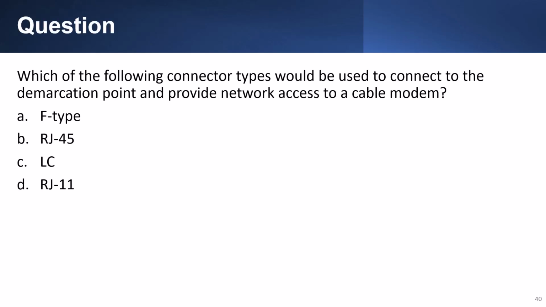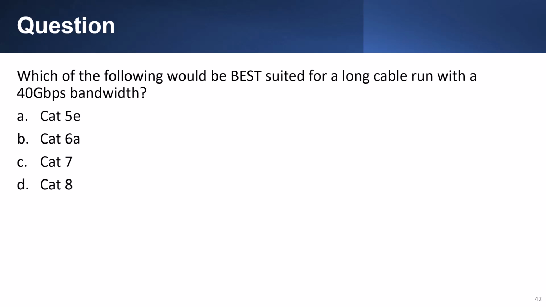Question: which of the following connector types will be used to connect to the demarcation point and provide network access to a cable modem? Answer: F-type. Question: which of the following would be best suited for a long cable run with a 40 gigabits per second bandwidth?